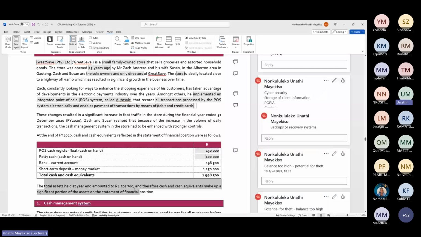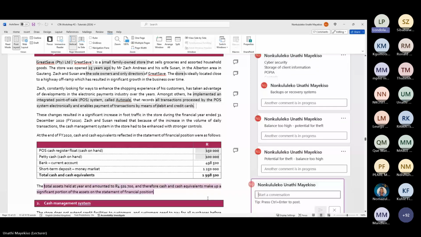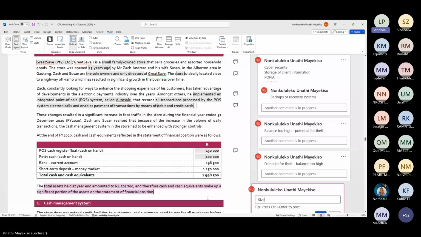Hi, Unati. Hello. With the misstatement and the risks as well, is it possible to link those two things together? For instance, there's the bank current account and there's the short-term deposit, that we confirm these balances to the bank statement to actually confirm that these are the balances on the bank statement and that they are not really misstated? I'm sorry, I didn't catch that.